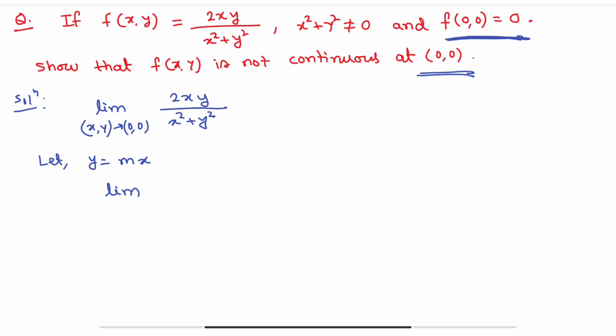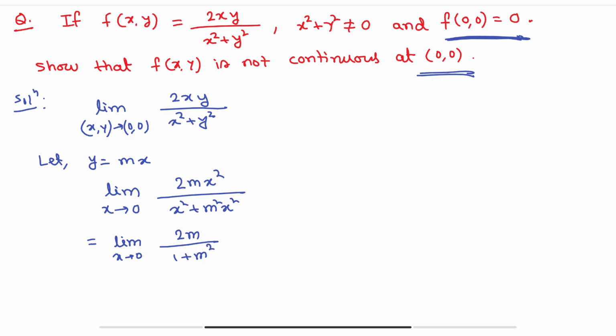So it becomes a single variable limit, x tends to 0, of 2 into m x square divided by x square plus m square x square. x square cancels out, so this equals the limit as x tends to 0 of 2m divided by 1 plus m square.